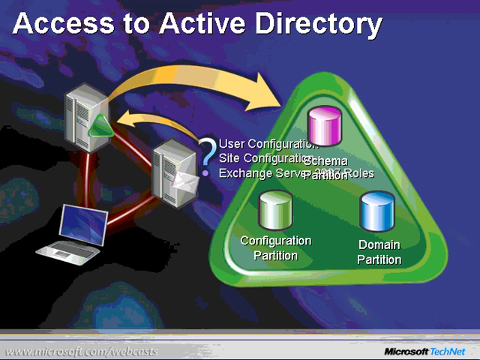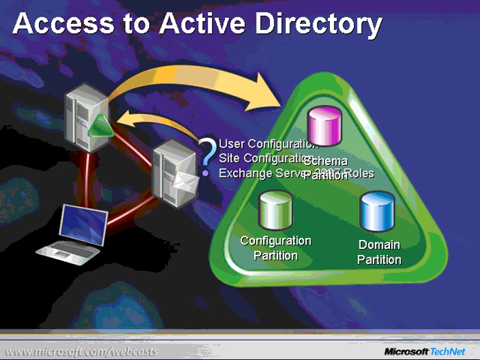And when you look at AD, we know that AD has a set of databases that it stores information. And Exchange, of course, will absolutely utilize that AD database architecture, hence why AD is required. And when you look at your AD infrastructure, you know, hopefully, that there are different partitions, right? There's the schema partition, there's the configuration partition, and there's the domain partition.